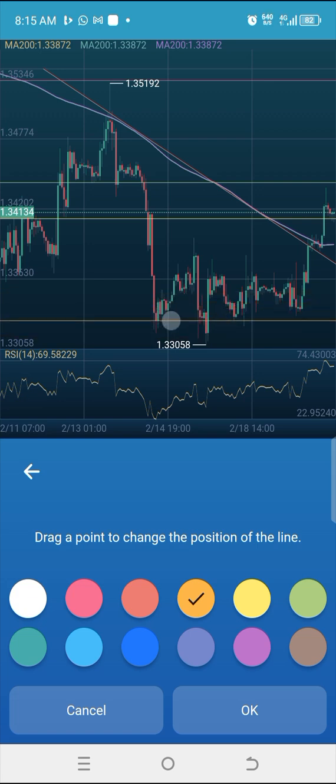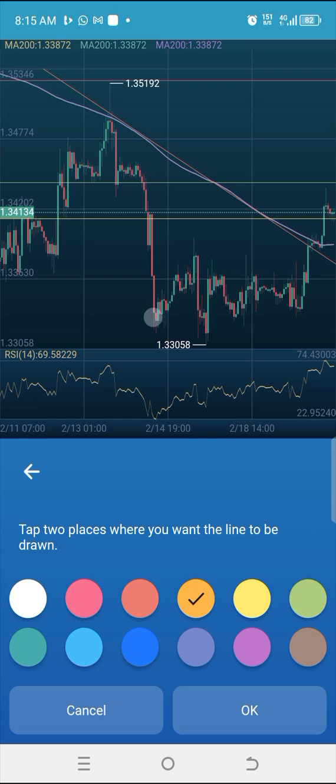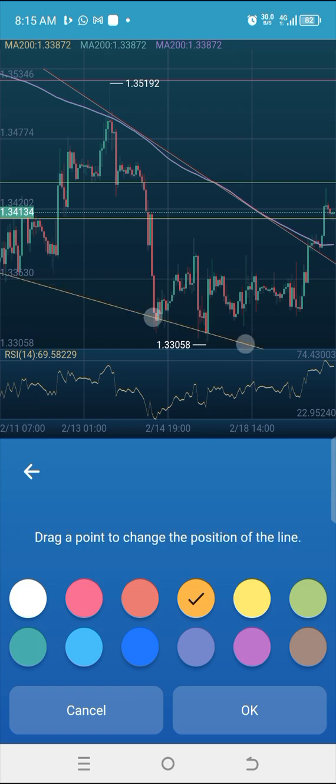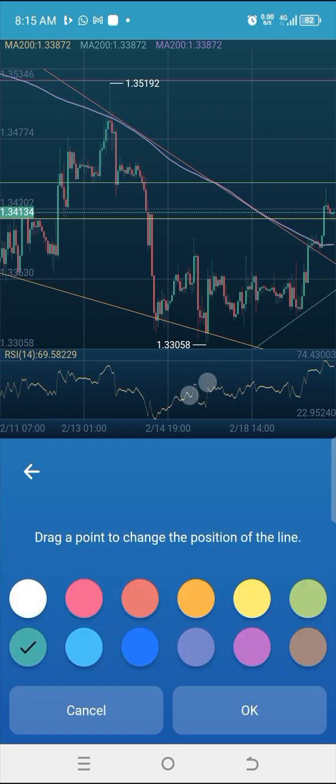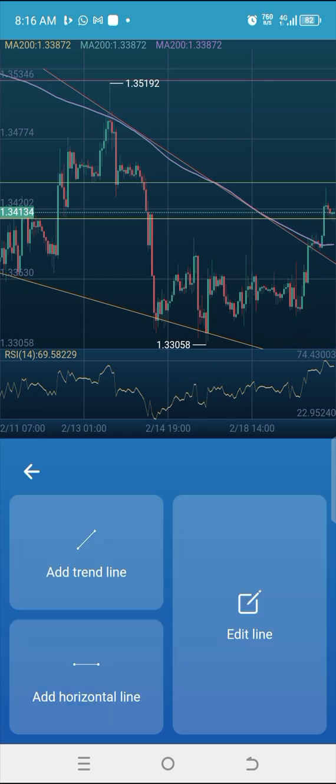So this is our divergence right here, and if you can see it here versus, okay, I cannot draw a trend line on this RSI, unfortunately.